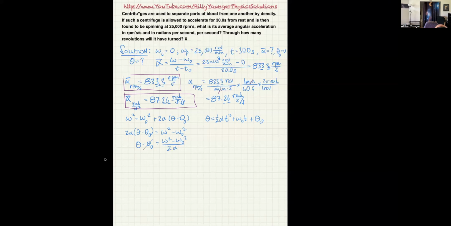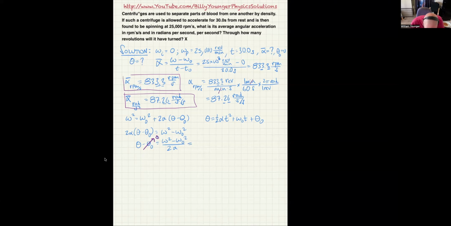And of course, we already stated that we're going to allow theta 0 to be 0, which is again not really a loss of generality in any way. So in this case, we can just go ahead and calculate what the actual total rotation will be, theta.